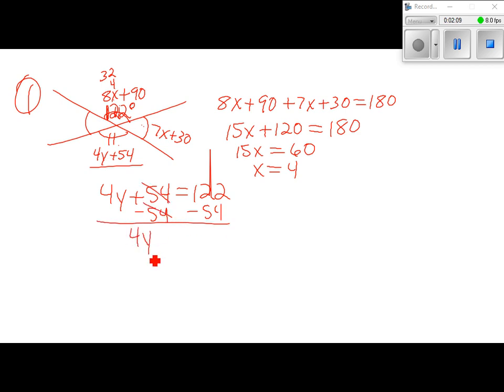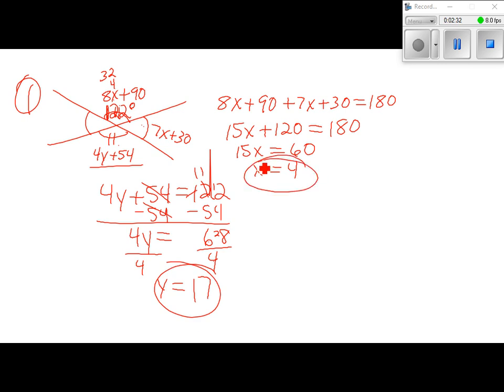You're left with 4y equals 68. We want to divide by 4. y equals 17, x equals 4, and that looks like letter B.